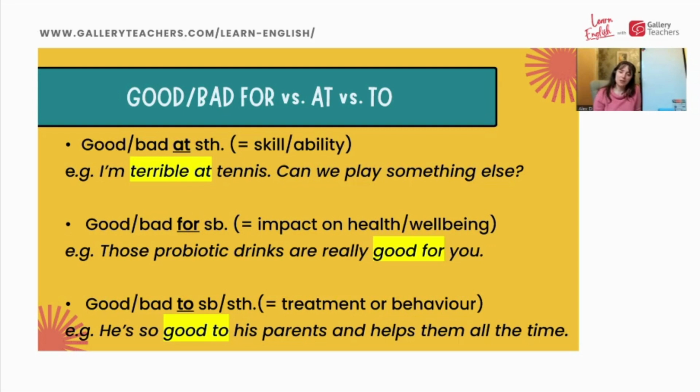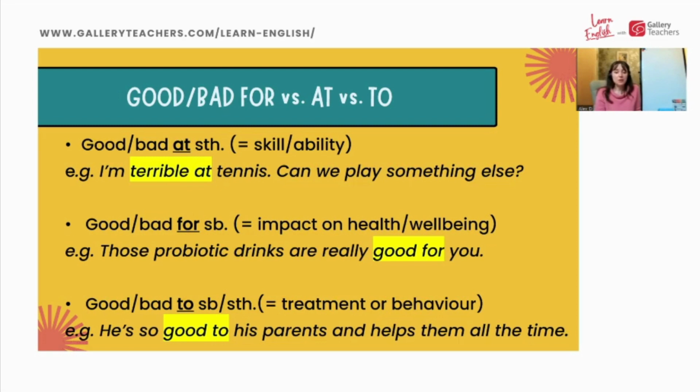Can we play something else? Now notice I have a different adjective here, not good or bad, but the stronger terrible. We can also use adjectives of quality, if you like, because they have a similar meaning here. So we could also say brilliant at swimming, for example. Okay, so that's for quality, but more skill and ability.